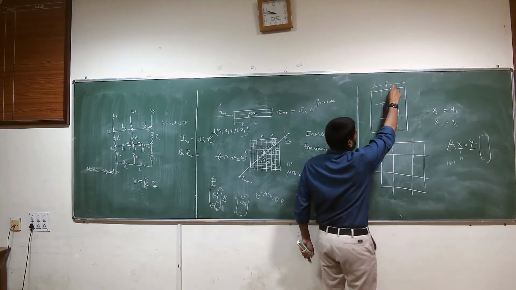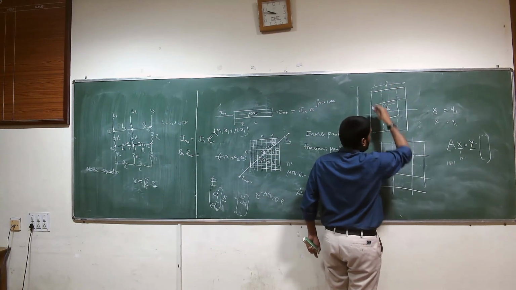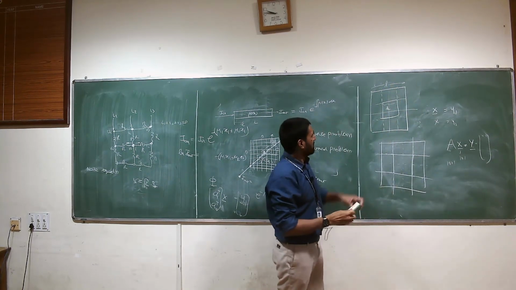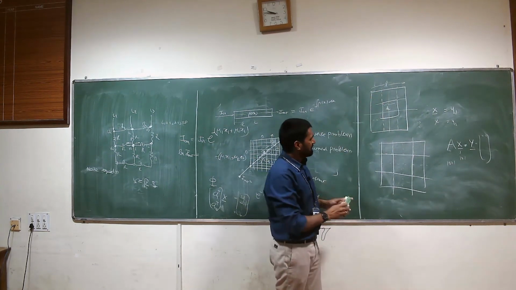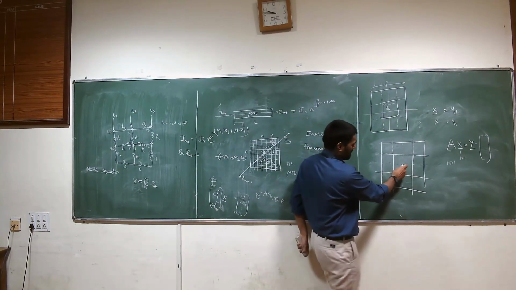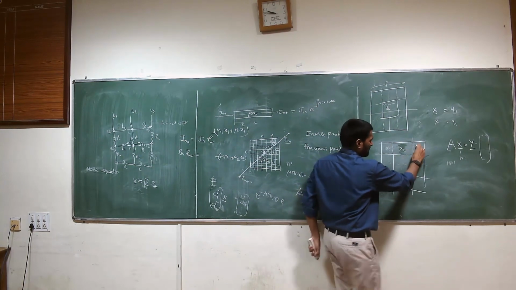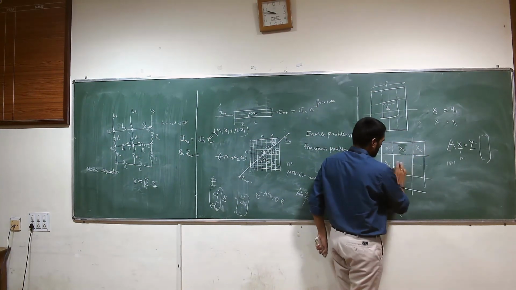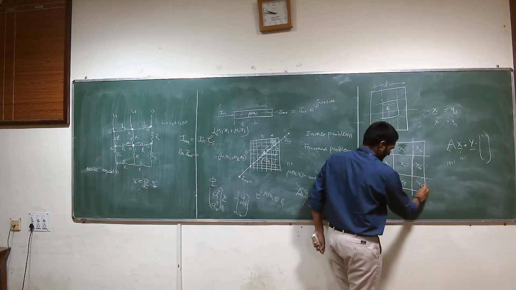You can divide it like this, like somebody else said, you divide it into 4 parts and you get 16 pixels where the attenuation coefficient is fixed. I'm saying maybe you can do just 9. This would be x1. This whole region would be x2, x3, x4, x5, x6, x7, x8, x9.